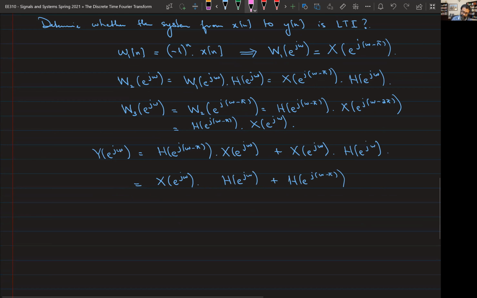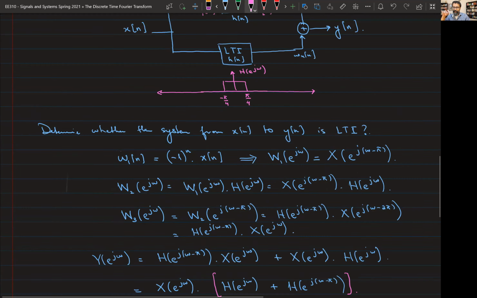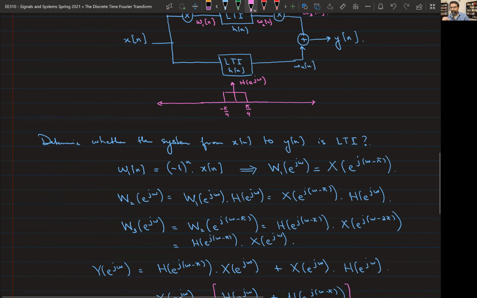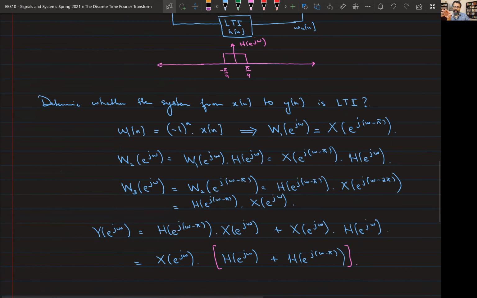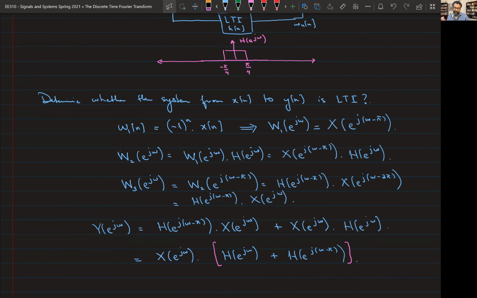So X is being multiplied by something, and that something is not that low pass filter anymore, but rather a modified filter, modified through the special branching construction you see in the system description: the minus 1 to power n, then 2 branches, and then adding things up. From that construction, I've derived that the output is equal to the input multiplied by this thing here.